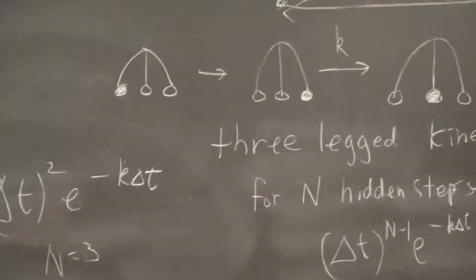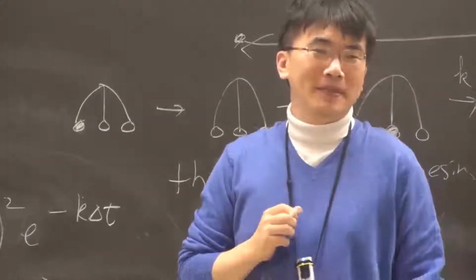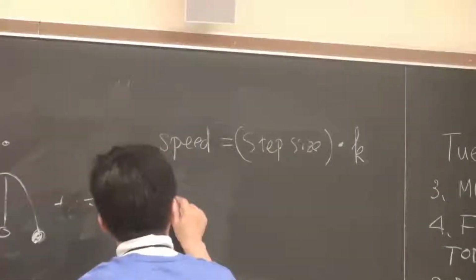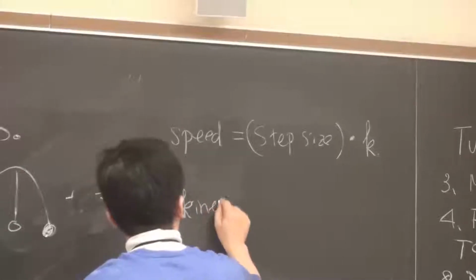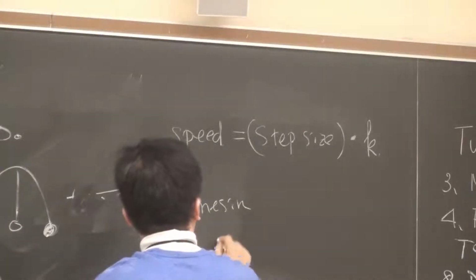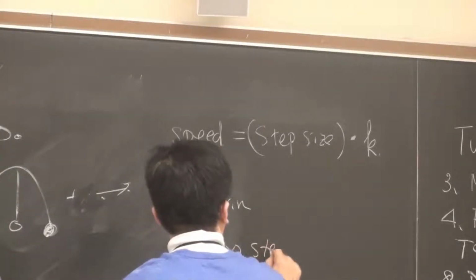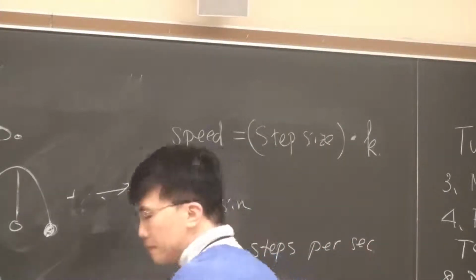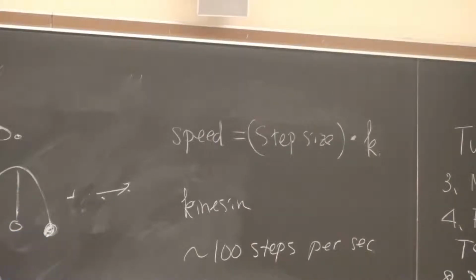The speed is step size times the rate. And typically for kinesin, about 100 steps per second. So that is the rate.